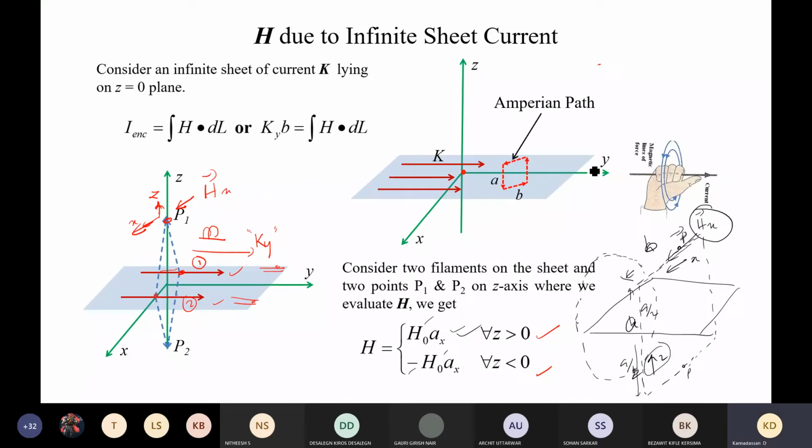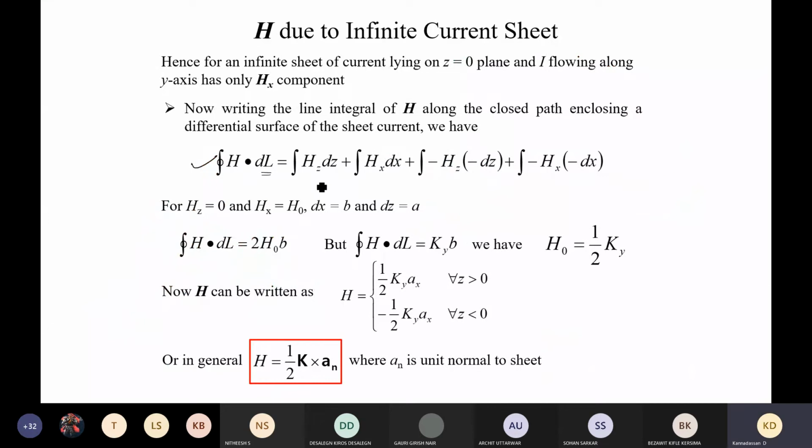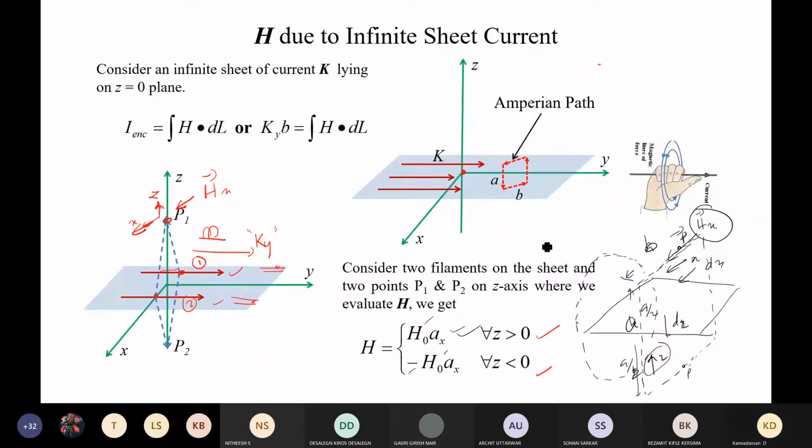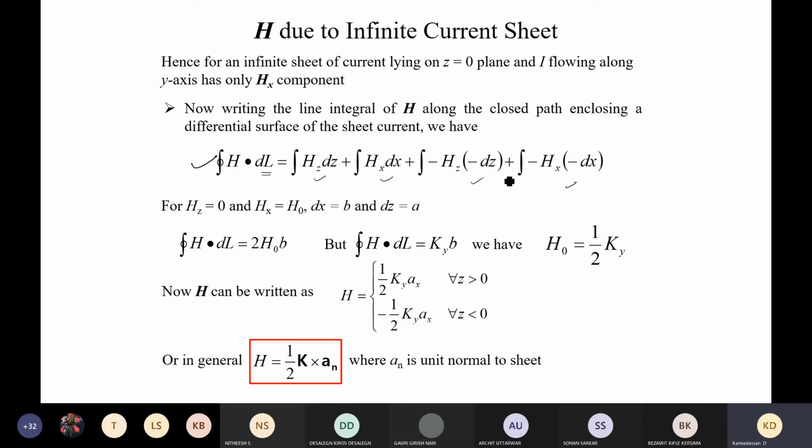For this particular direction it is dx, and for this particular direction it is dz. So we have z component, x component, z component, x component, in the corresponding directions: along this direction, this direction, this direction. Like that, 4 sections are there, and we have integrated it.